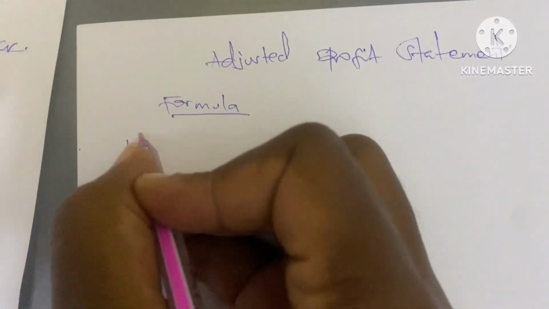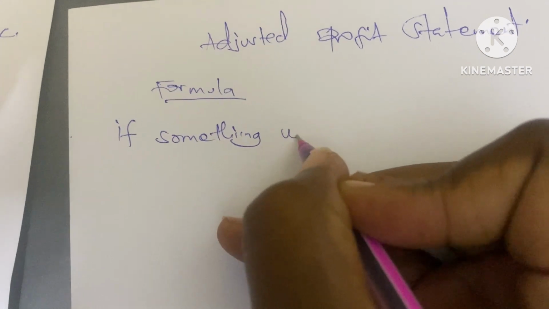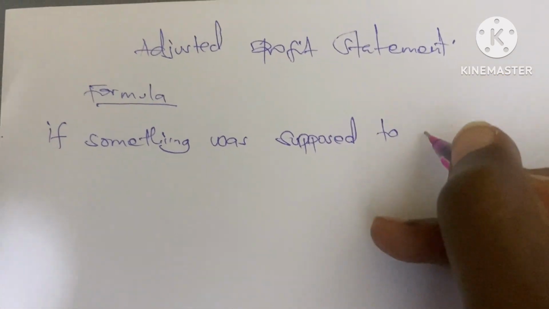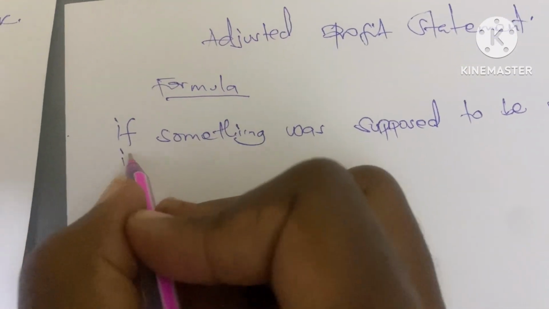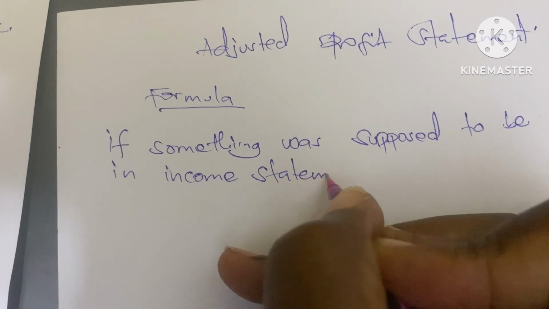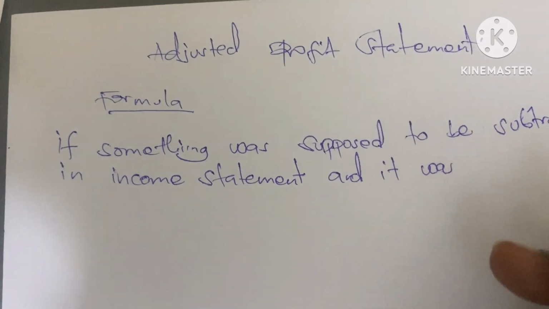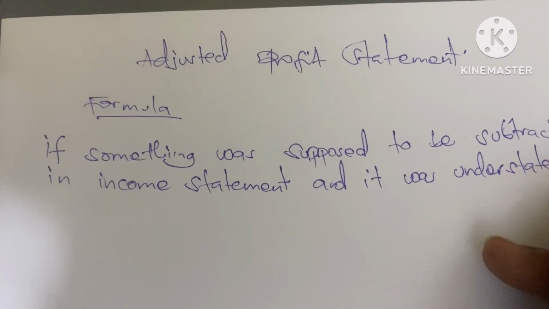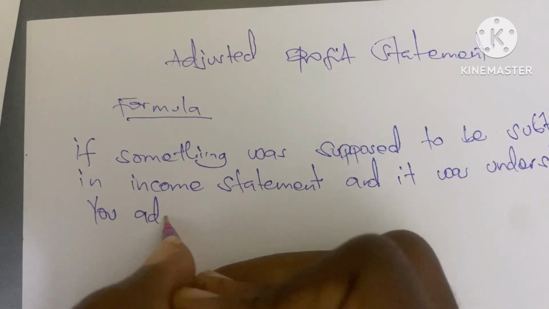So if something was supposed to be subtracted in the income statement, and it was understated, you add it.